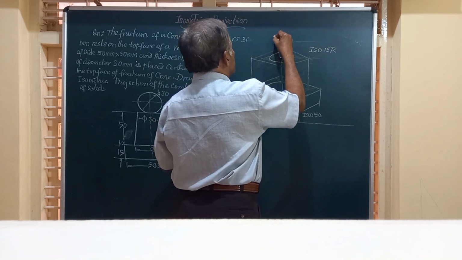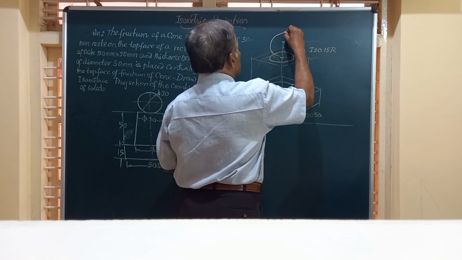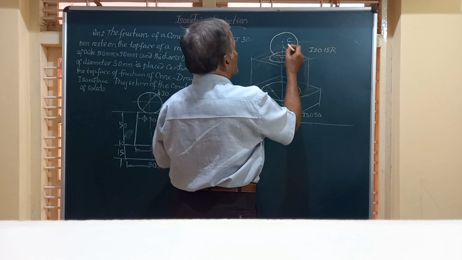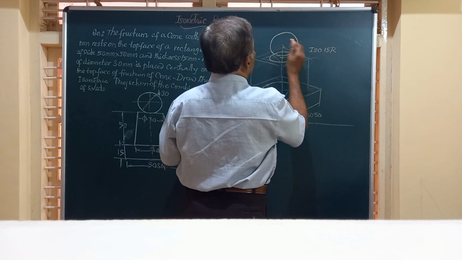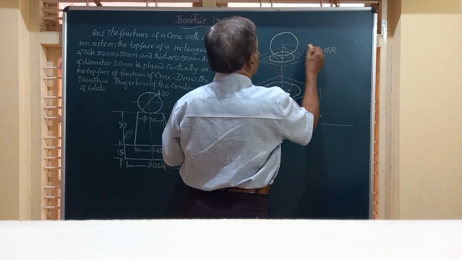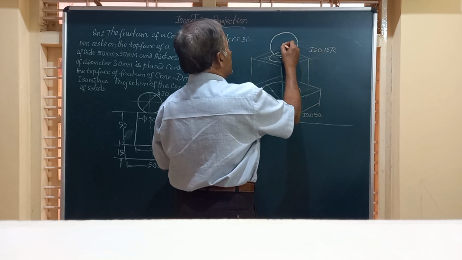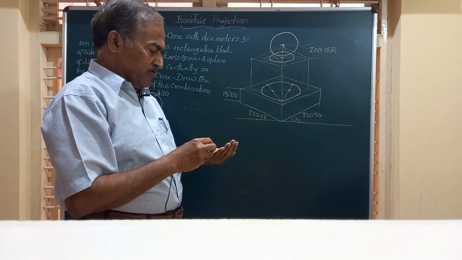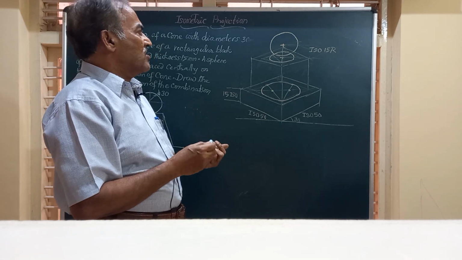Friends, this is how the circle will look. Suppose this is ISO 15 radius. Friends, this is how this sphere looks. Now friends, we have joined all this.